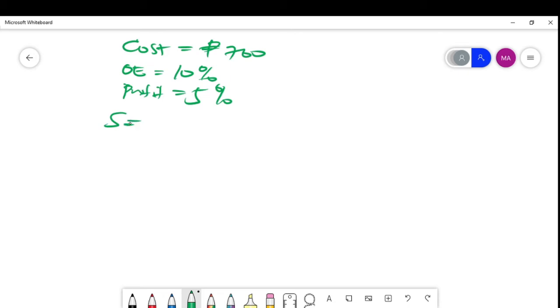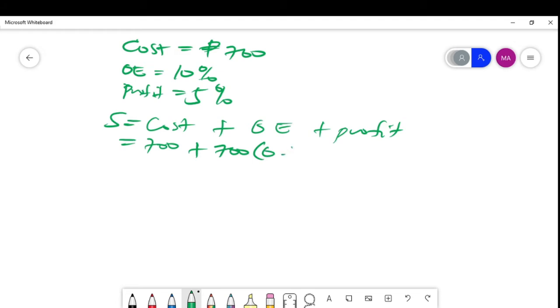So selling price is equal to cost plus operating expenses plus profit. Cost is 700 plus operating expenses is 700 multiplied by 0.1 plus profit is 700 multiplied by 0.05.